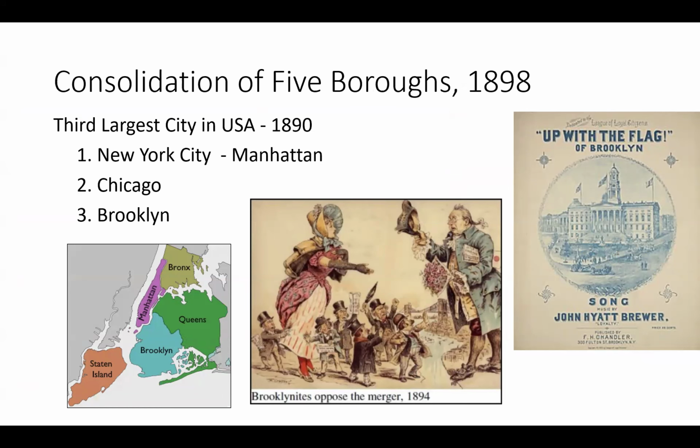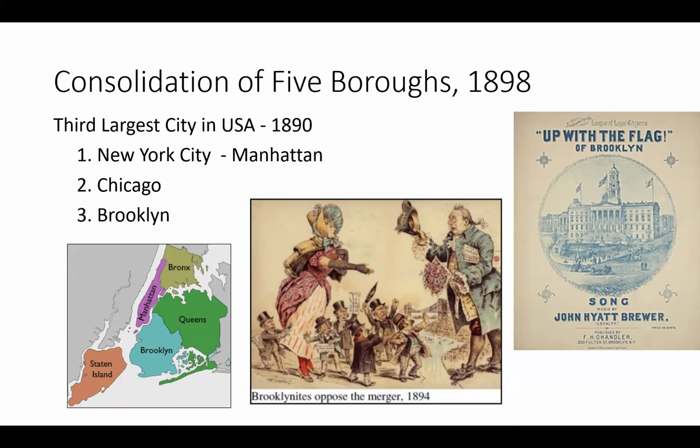By 1898, it was decided to try to merge the 5 areas: Staten Island, Brooklyn, Queens, Bronx, and Manhattan. Well, Brooklyn and Queens were not thrilled with merging with Manhattan because they knew they would be overwhelmed by the more populous Manhattan.